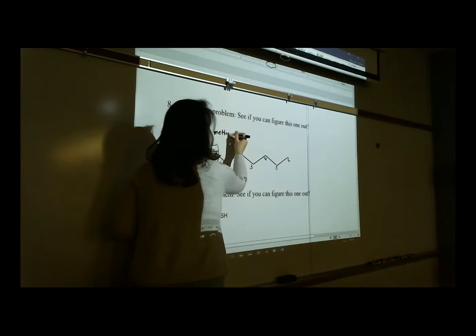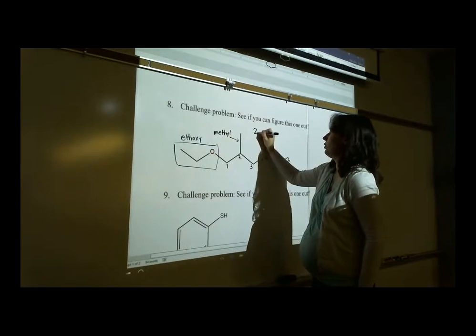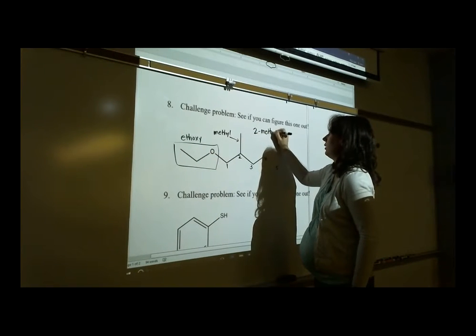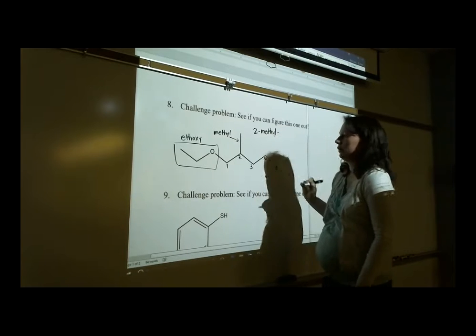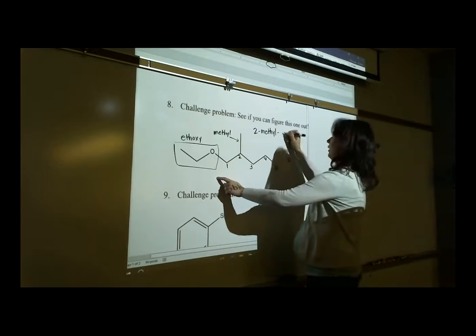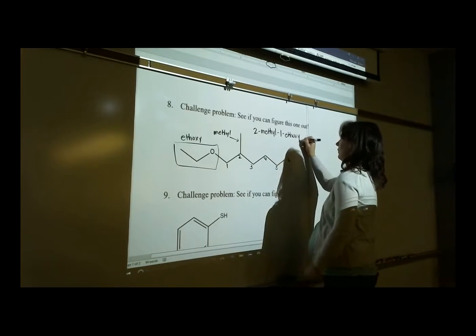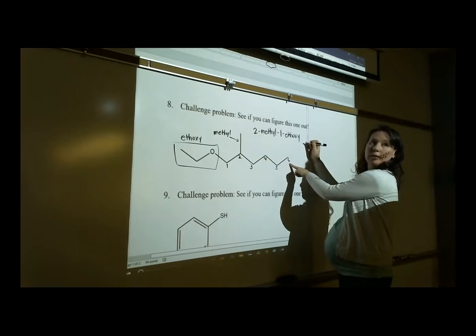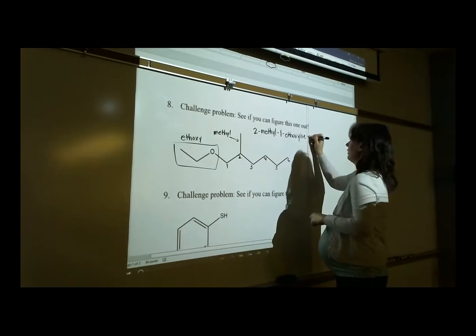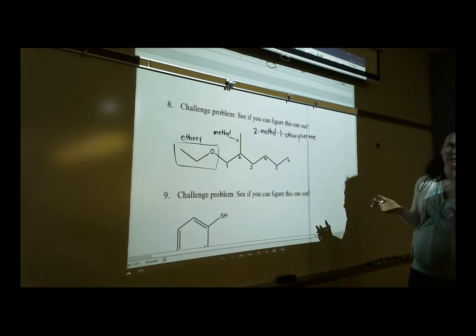So the name here would be 2-methyl, then 1-ethoxy, and then this is a 6-carbon chain, hexane. Like I said, I wouldn't put one like this on a test. But it's a challenge problem, test yourself.